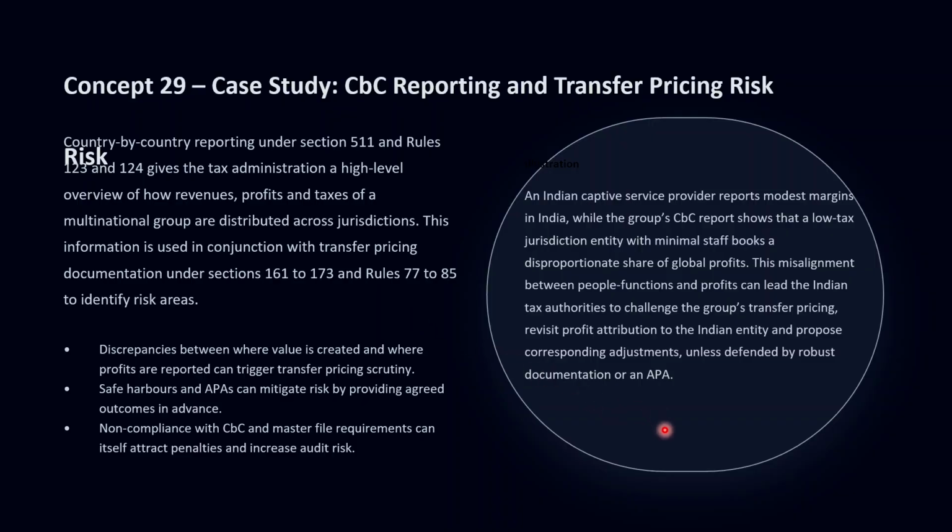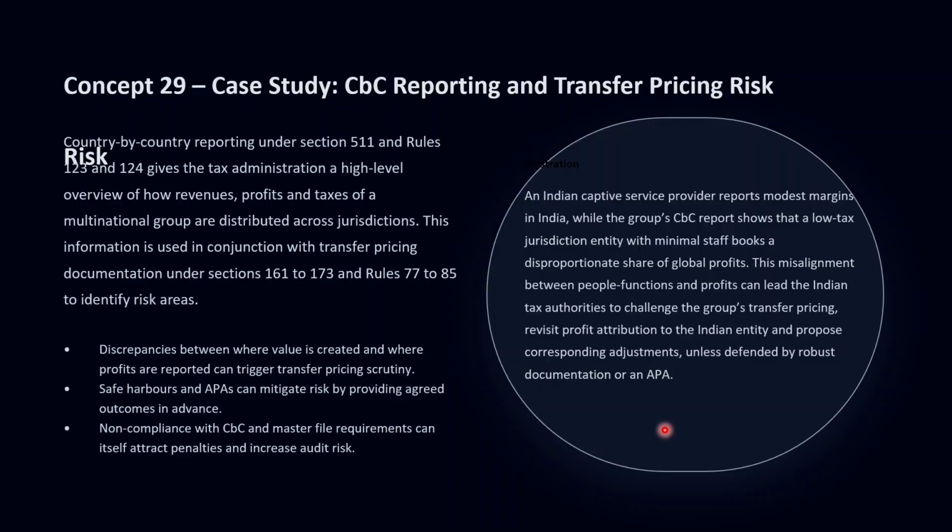So the illustration here talks about an Indian captive service center that reports 10% operating margin, but the group's CBC report shows that the entity in a lower tax jurisdiction, with only a handful of staff, books 60% of the global profit.